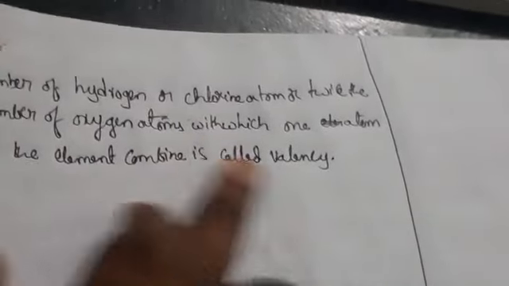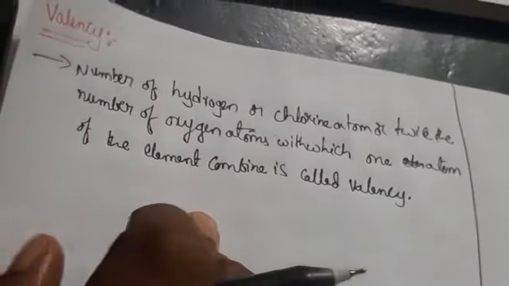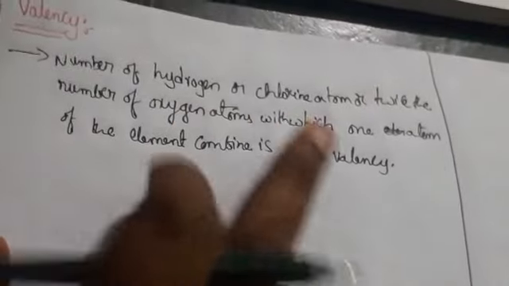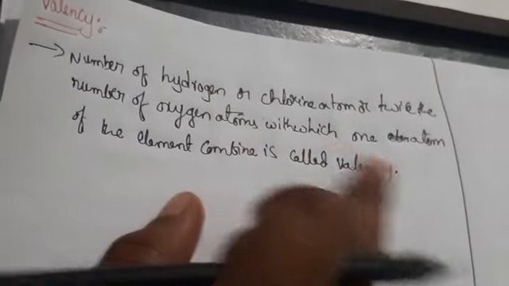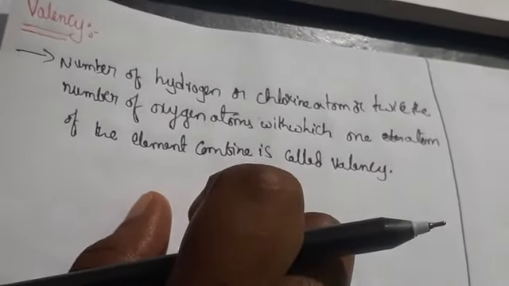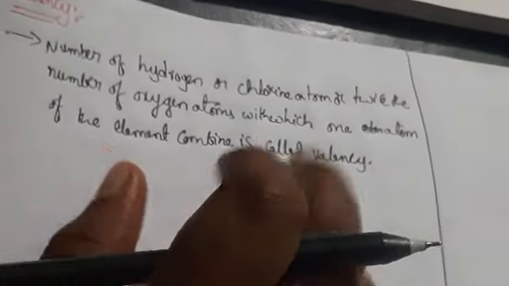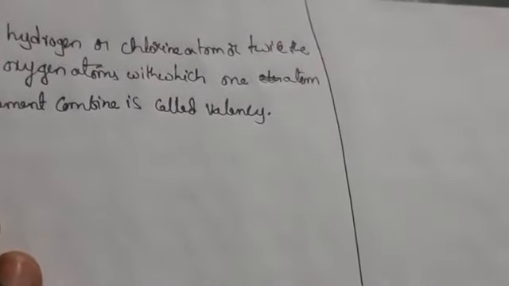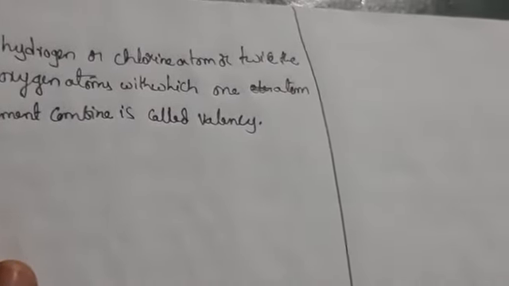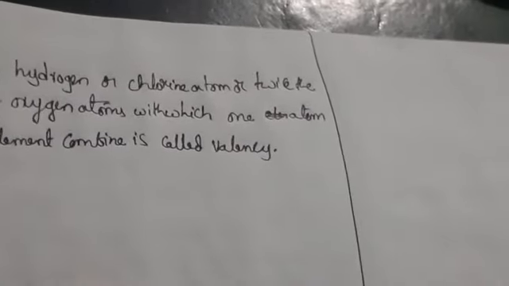So where one atom of the element combines, we call it valency. In a simple way, it is the outermost electrons that we call valency.